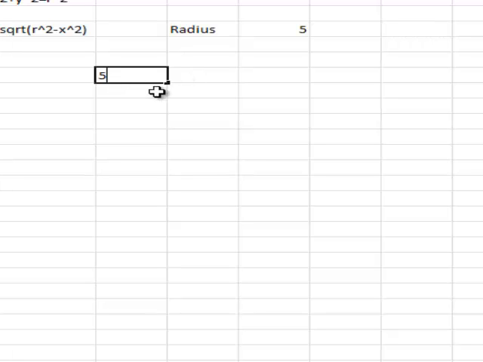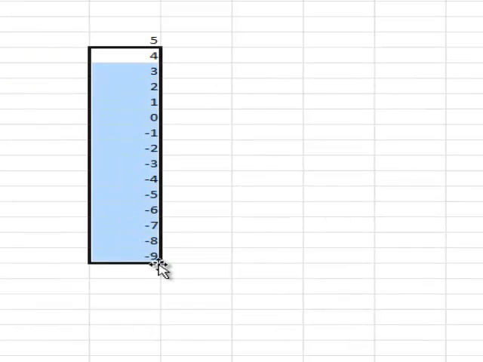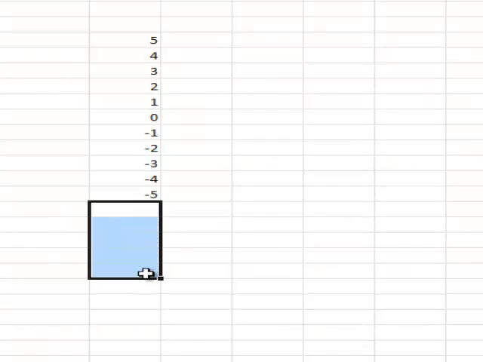With your table, you want 5 and -5 to be the highest you go. So we're going to change in increments of 1. We go take 1 equals 4, scroll down, fill down, and we'll go to -5.